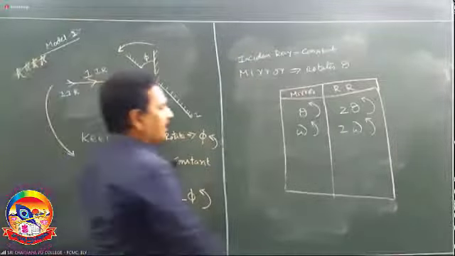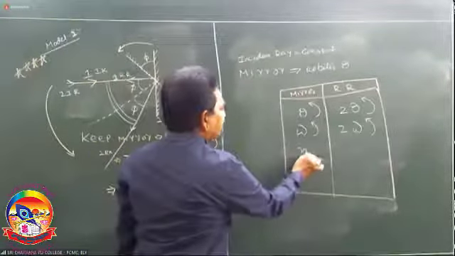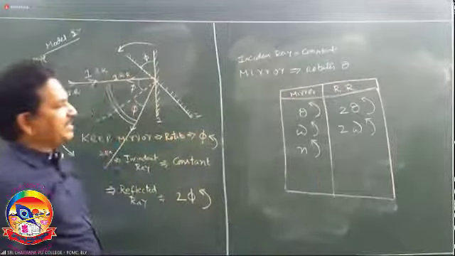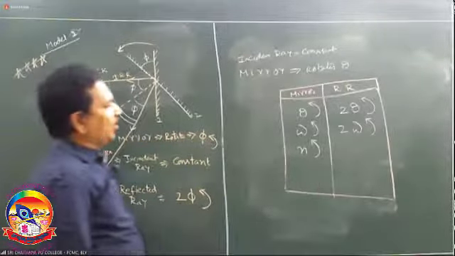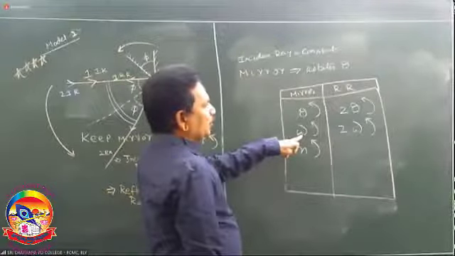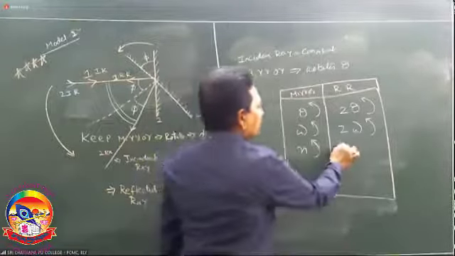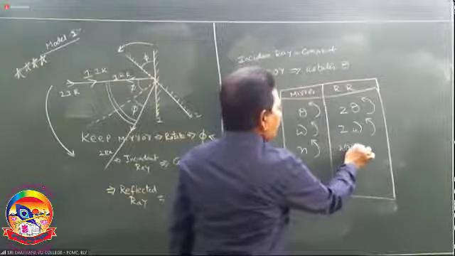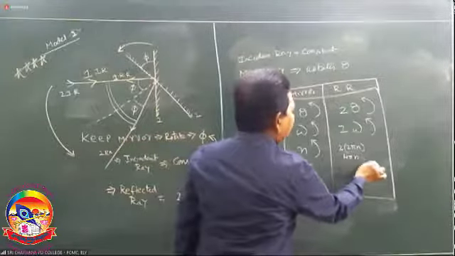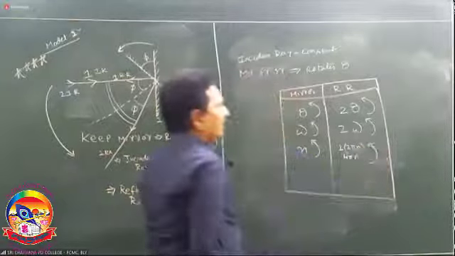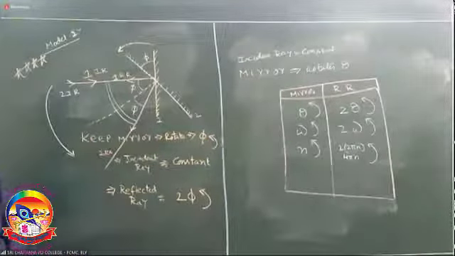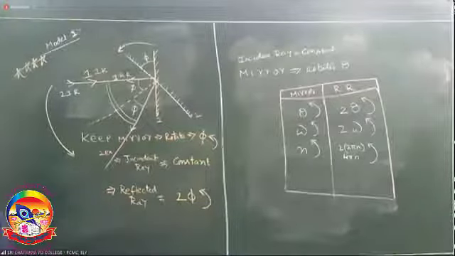If the mirror rotates with frequency n, we know omega is equal to 2 pi n. So 2 into 2 pi n is equal to 4 pi n. The reflected ray rotates by 4 pi n in the same direction.